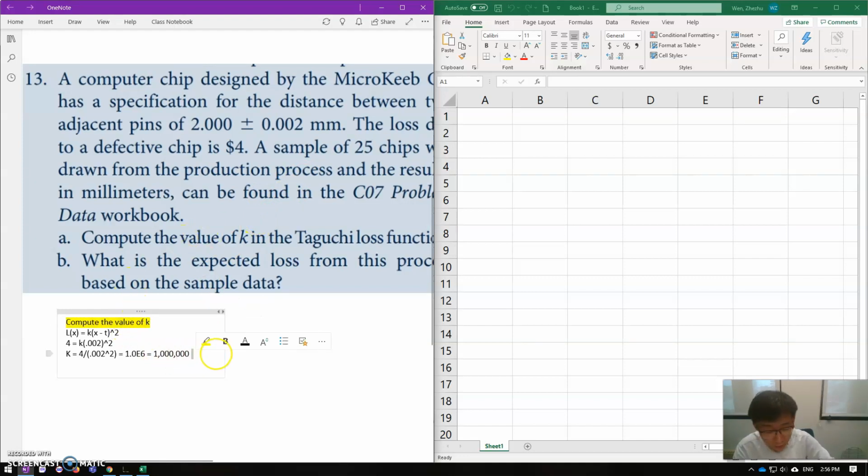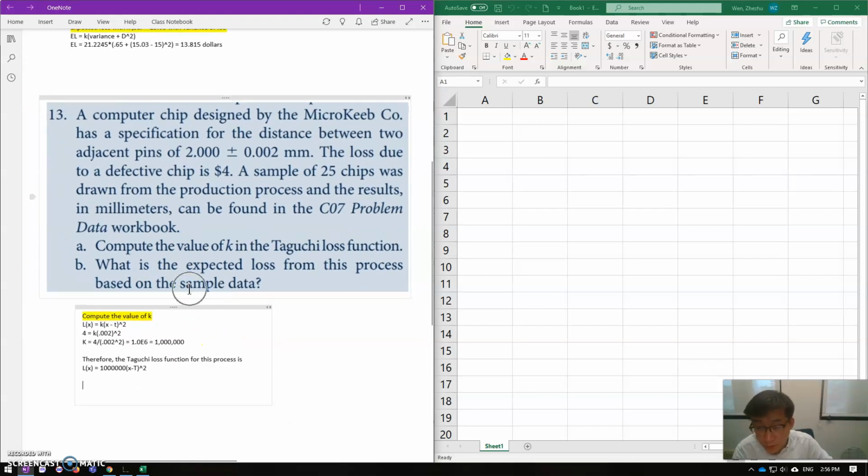Therefore, the Taguchi loss function for this process is K times (X minus T) squared. This completes problem number A.